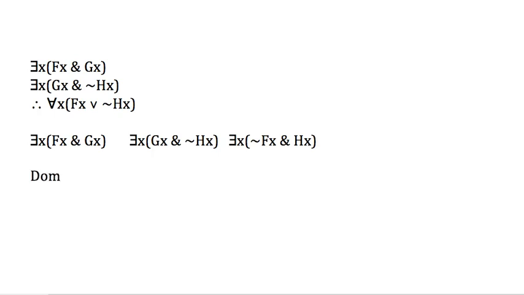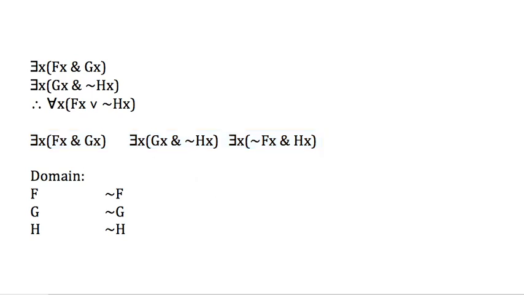We're going to need a domain, and we're going to need interpretations for F, G, and H, or as the case may be, for their denials. Now, whereas in the previous problem we didn't have any existentials, in this case we've got an embarrassment of riches. We have three sentences that we want to come out true, and each of them is an existential.